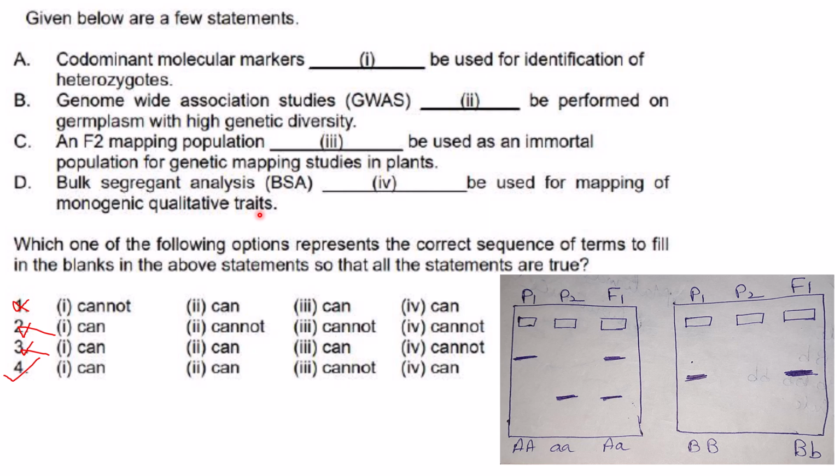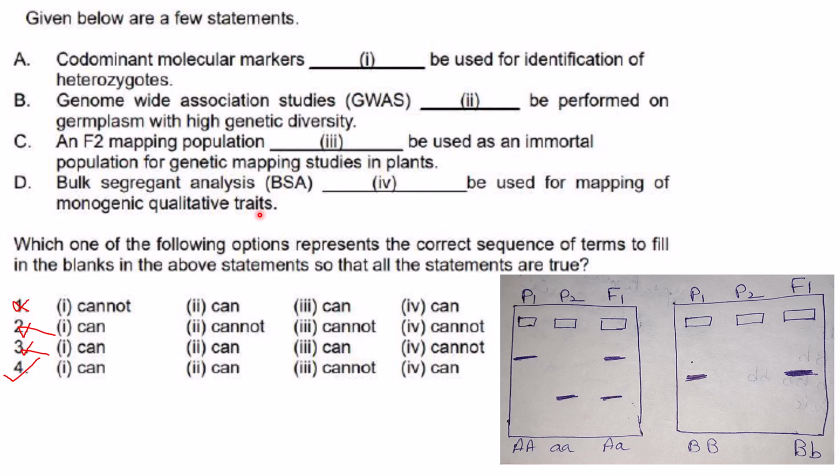So you get two DNA bulks, one from resistant plants and the other from susceptible plants. Then you genotype these bulks using markers like SNP, microsatellite, AFLP. Then you identify the markers that are linked to the trait of interest. So that is what you do in the bulk segregant analysis mapping technique.